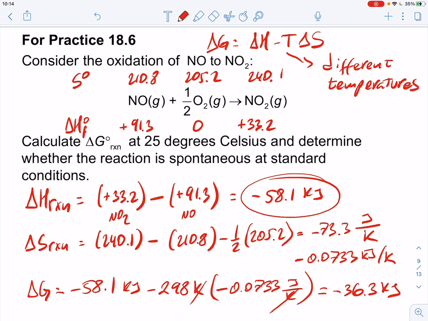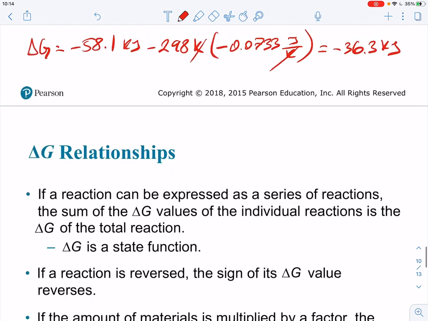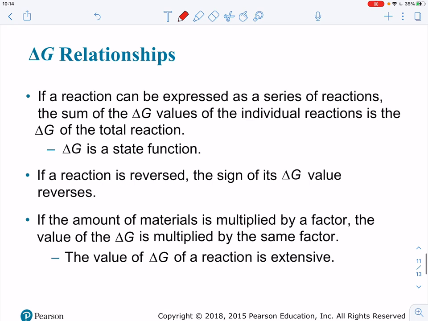Because if you are using delta G of formation, most of the time they are set to 25 degrees. So the delta G that you are calculating there is representative of the reaction if the reaction happens at 25 Celsius degrees. Now, delta G relationships. This, in other words, is Hess's law.